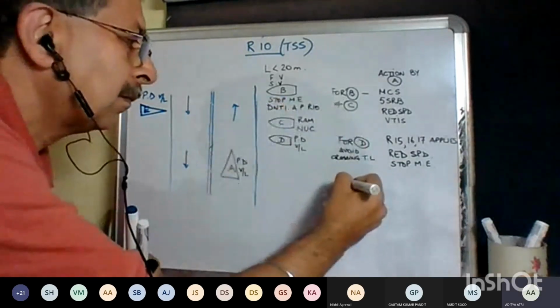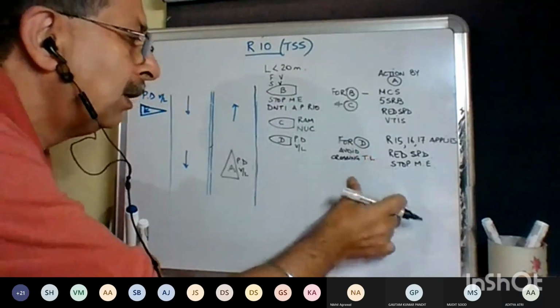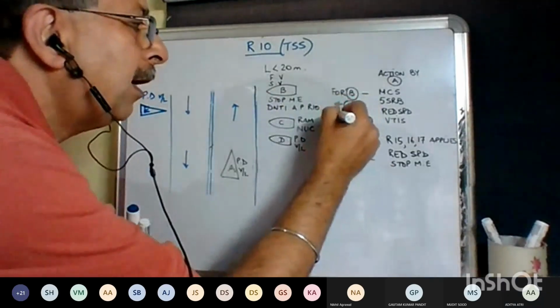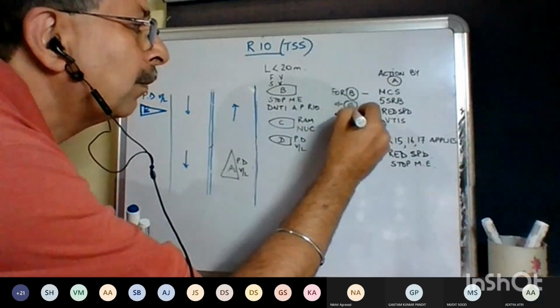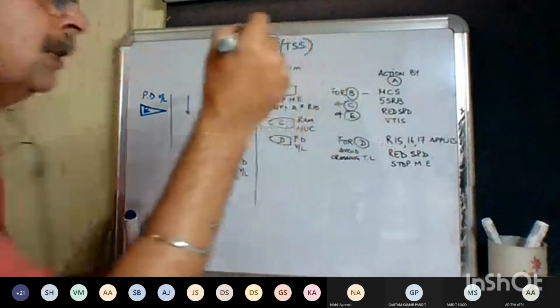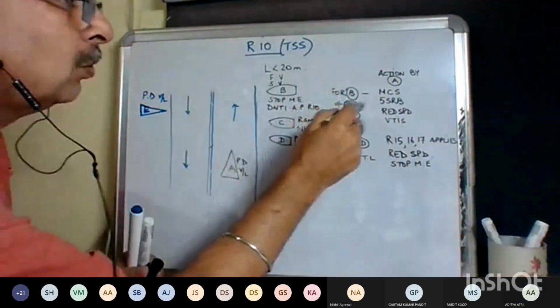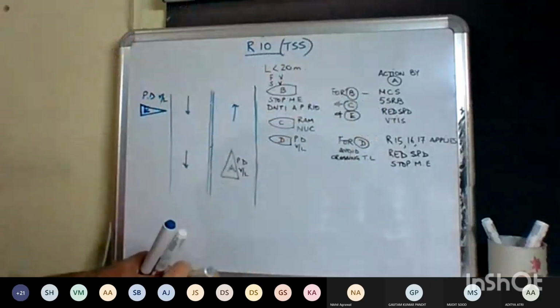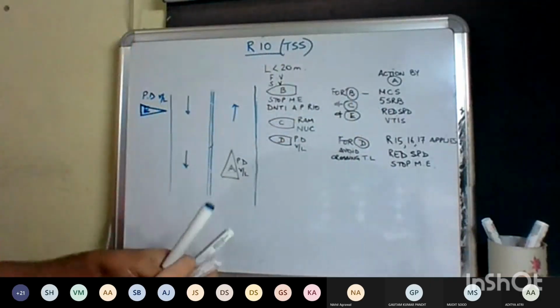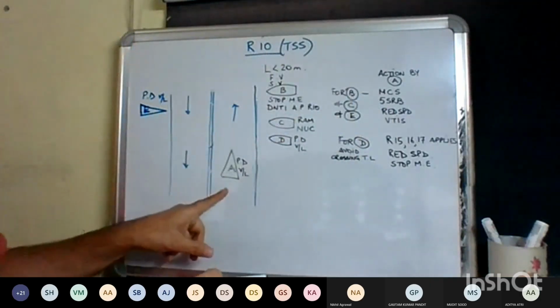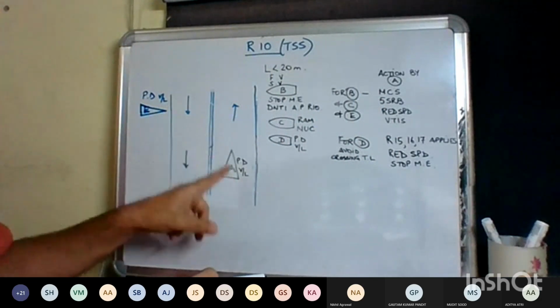To maintain course. Correct. Absolutely right. And for Echo, also the same. So for Bravo, Charlie, and Echo, your action is going to be the same. You're going to maintain your course and speed, 5 short and rapid blasts, reduce speed, inform VTIS.